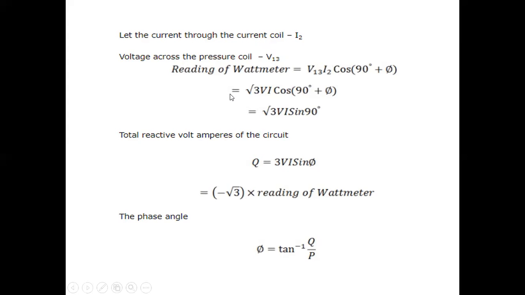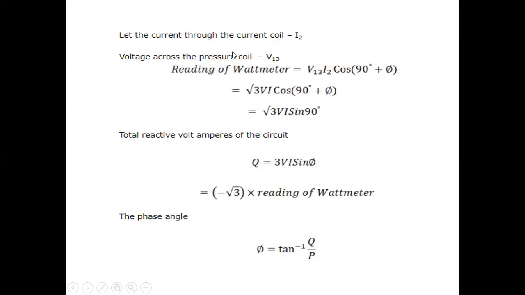That is root 3 VI cos(90 plus phi), which equals minus root 3 VI sin phi.